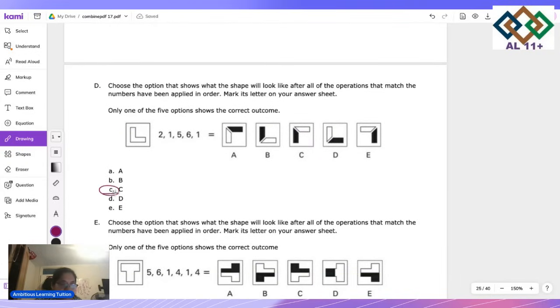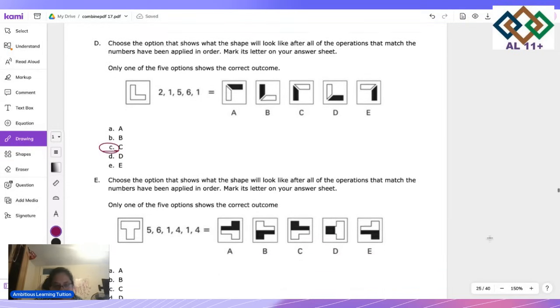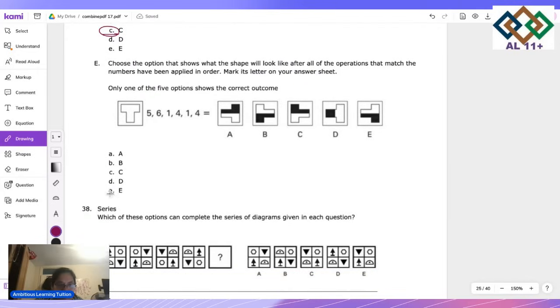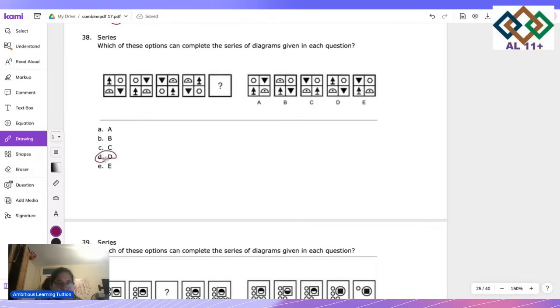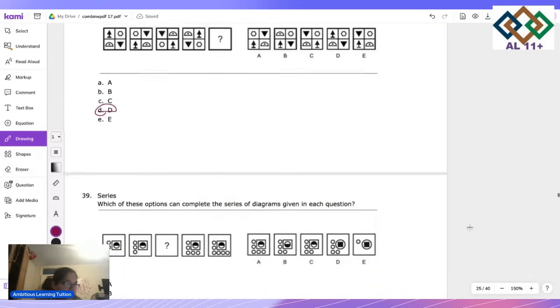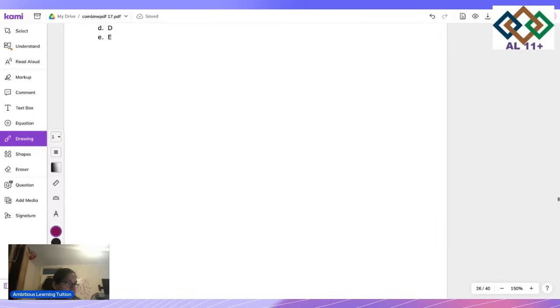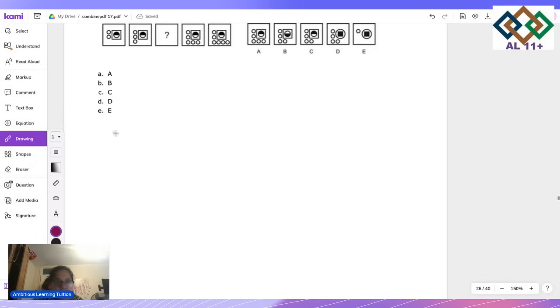D is again C. E is E. That's D for this one. And the last one is a C.